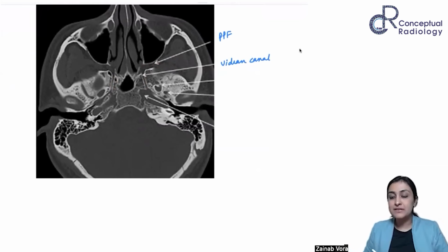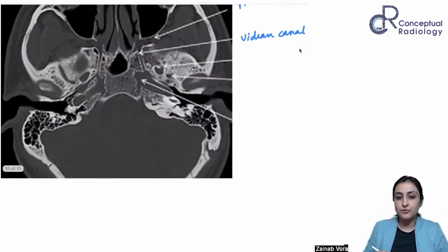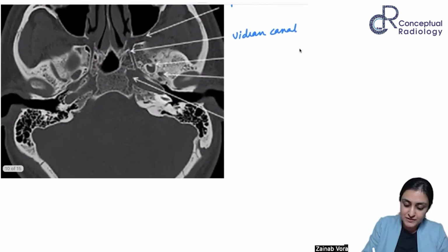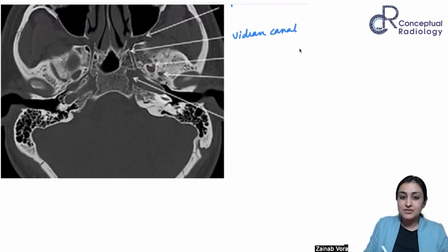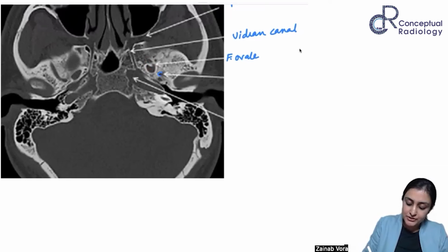And at this level, we begin to see our other two foramina. So can somebody tell me what is this? Oval shape is oval, the name is also oval. So this is foramen oval, and what lies below it, a small round foramina, very difficult to miss. This is foramen spinosum.